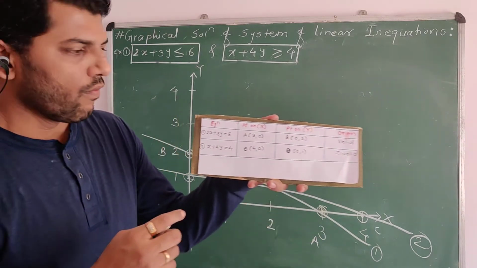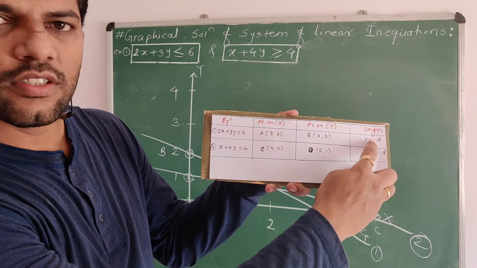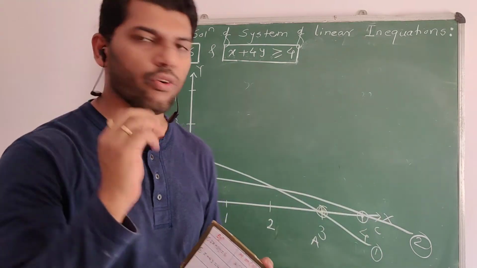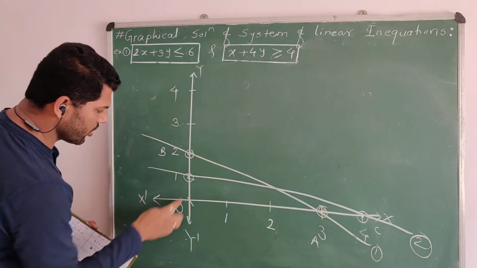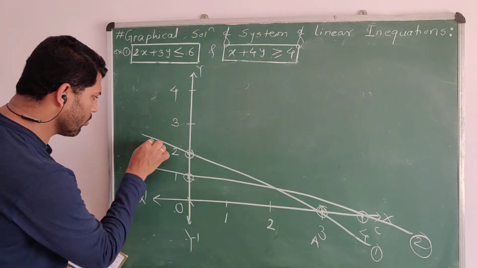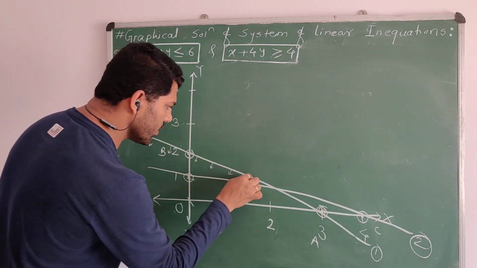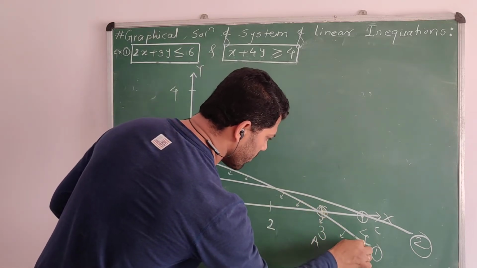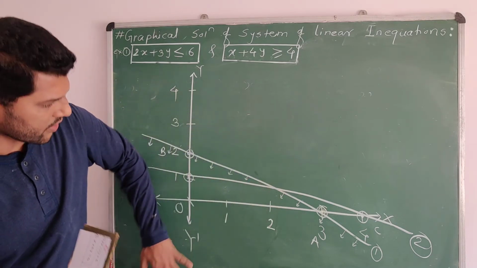Now, for the first inequation, the origin was valid, which means you have to shade on the origin side. Don't shade it, just indicate it by these kinds of arrows, meaning the origin side is valid for this first line.